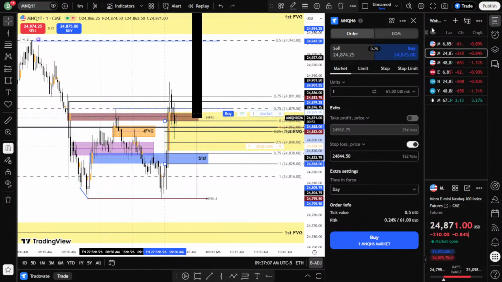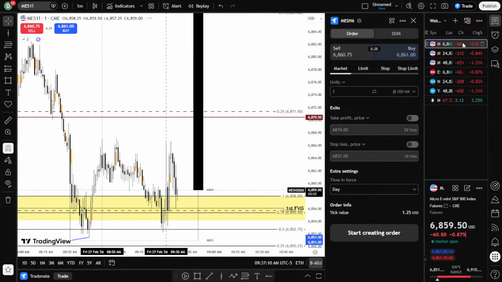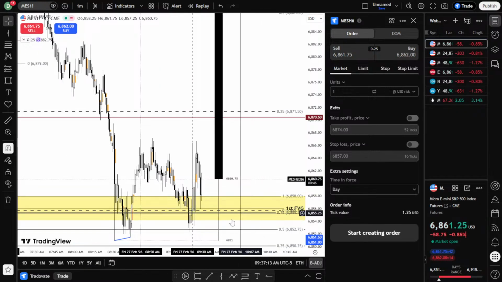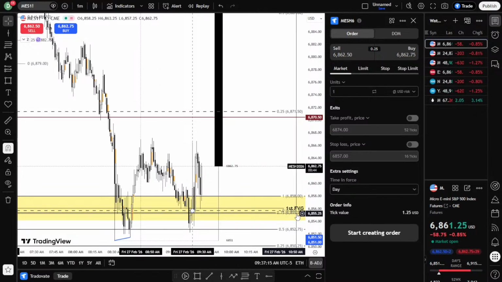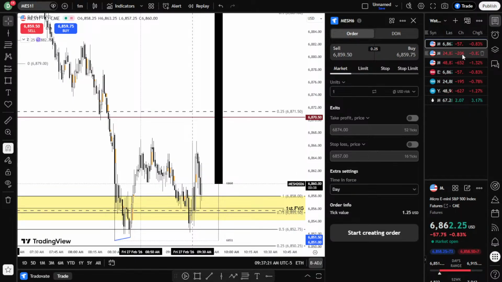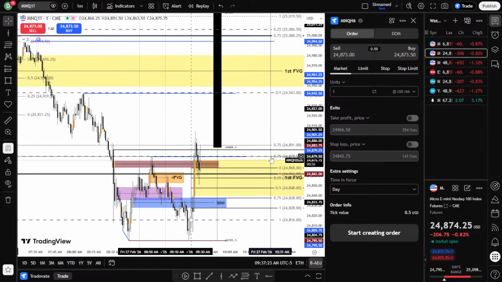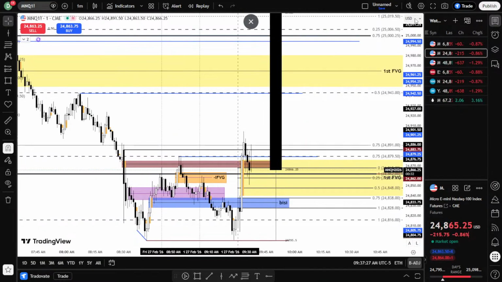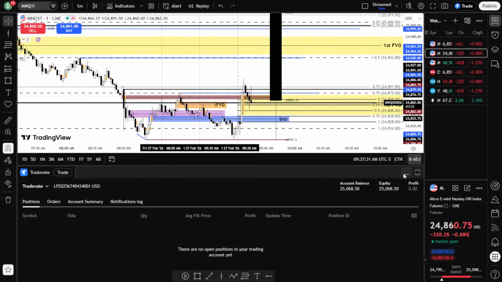And check out ES. ES is also trying to stay above this first presentation. But I would like to wait it out. No positions are on.